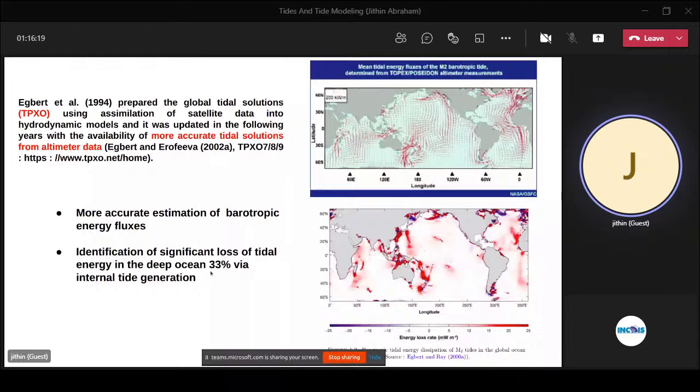It accounts for about 33% via internal tide generation. That means over steep topography, seamounts or mid-ocean ridges, a significant fraction of barotropic tidal energy is converted into the baroclinic part. That means it gives rise to the generation of a particular kind of wave in the ocean known as internal waves.